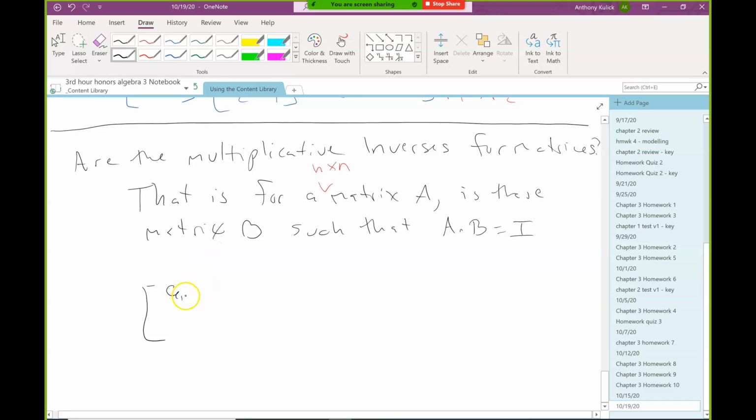So here's a matrix A that I've written as the entries A11, A12, A21, A22, and a matrix B that I've written as B11, B12, B21, B22. Everybody's okay with that? And we need that product to give us the identity.